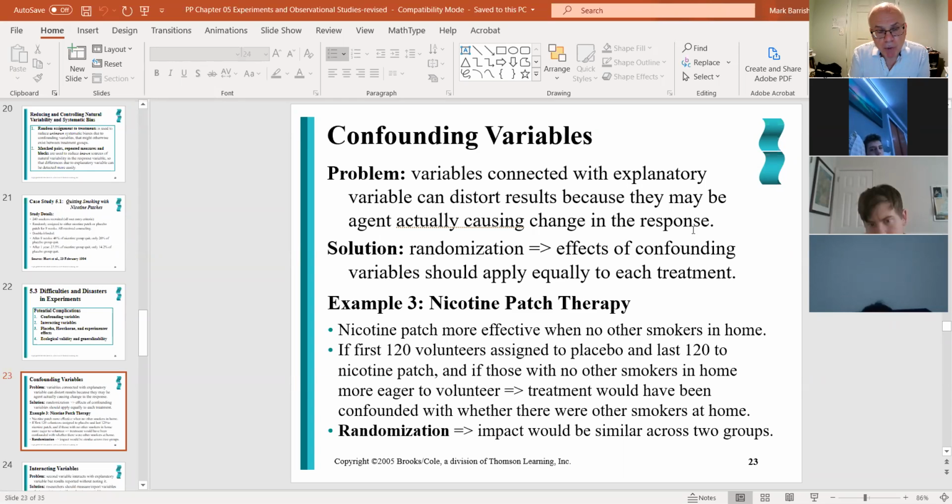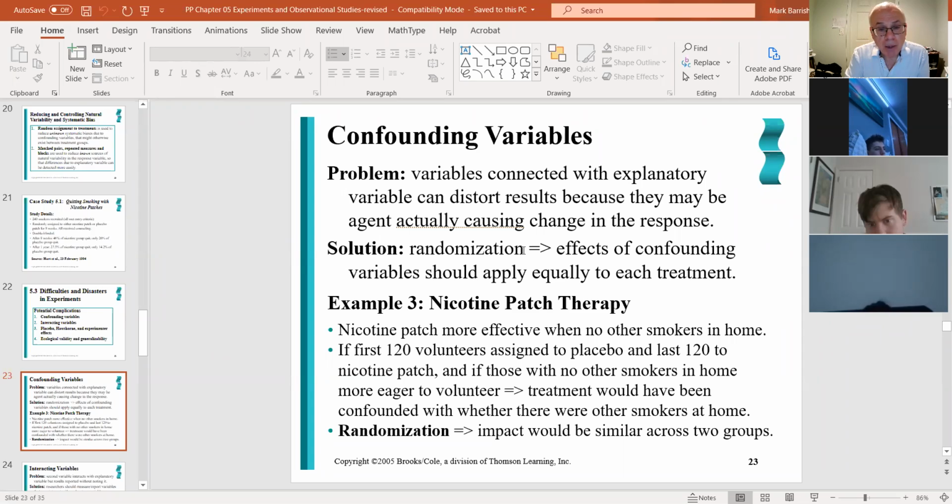So if we wanted to do an experiment, we would have to randomly assign people to the two groups. Obviously, my example is more of an observational study, right?